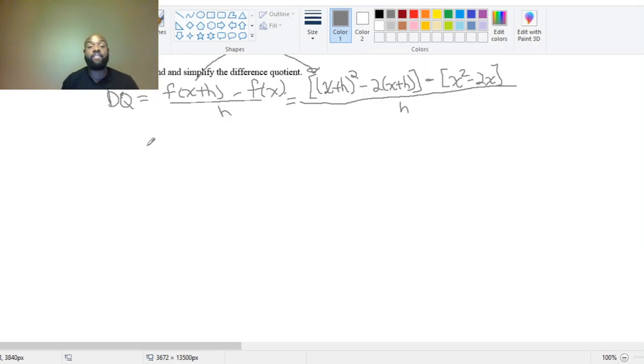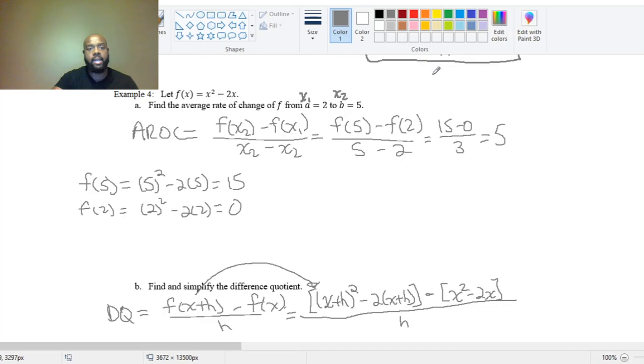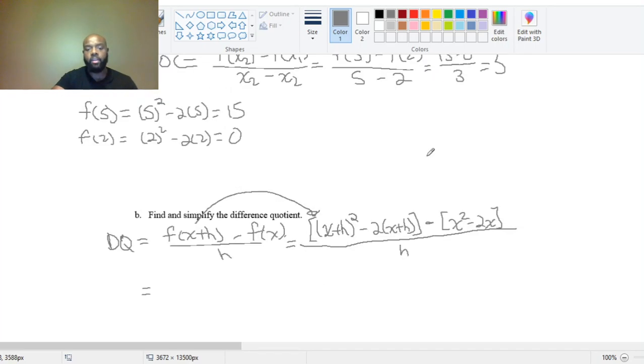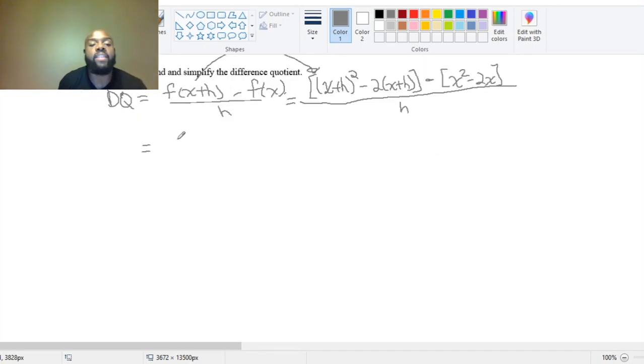Since I have that there, now all I have to do is simplify. When I multiply this out, remember this part is x plus h times x plus h. Do not say that that's x squared plus h squared because you'll be wrong. So I'm going to multiply that out.